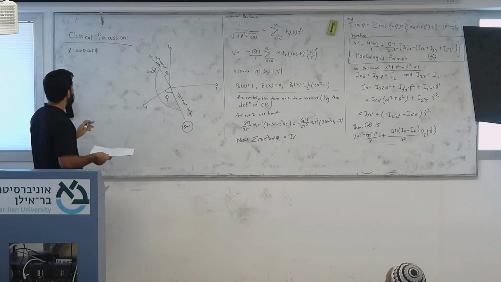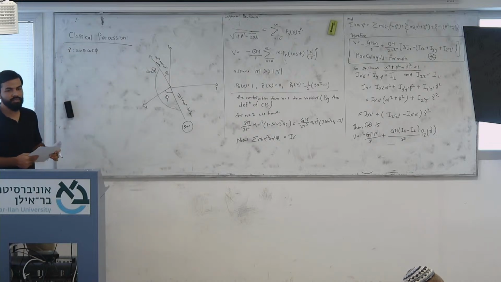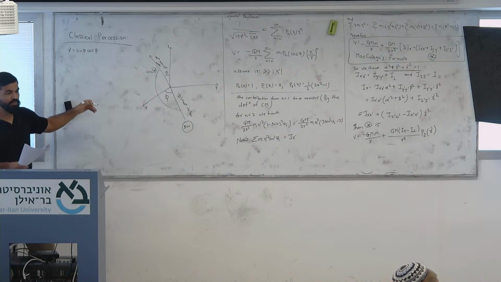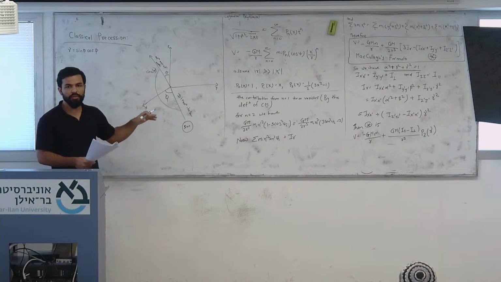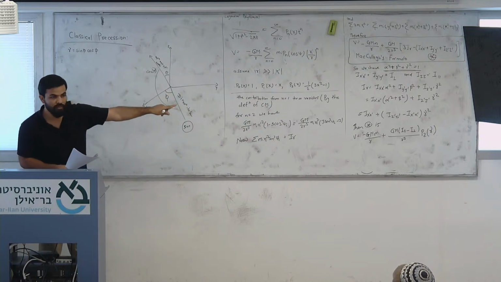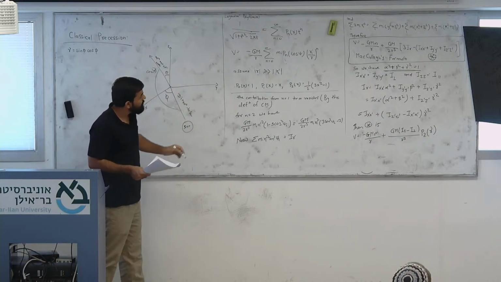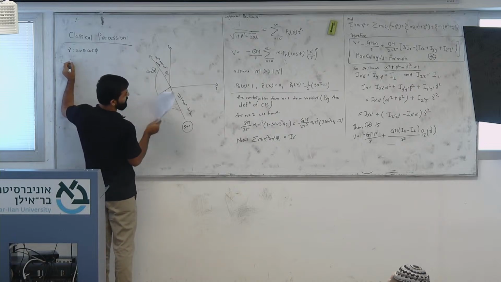Now what I'm interested in is to get the overall potential, the average potential in which the Earth is rotating. In order to take the average potential, first I'll put this gamma in there.